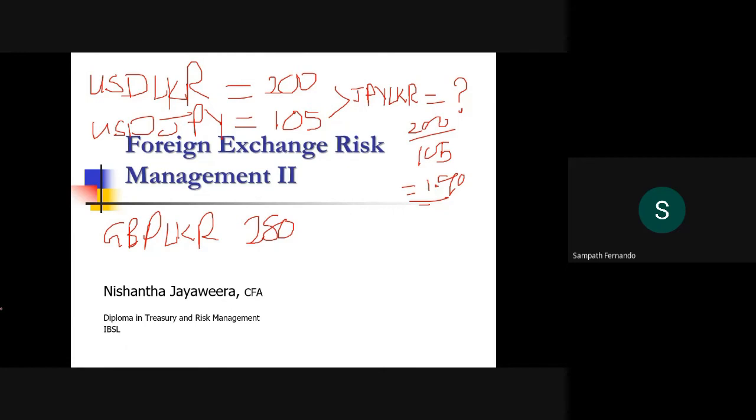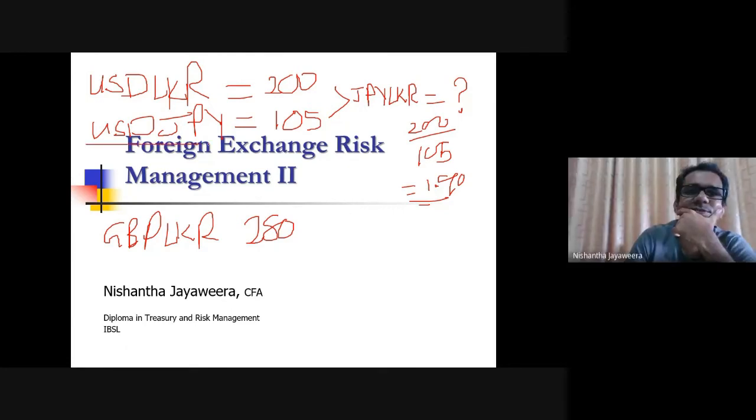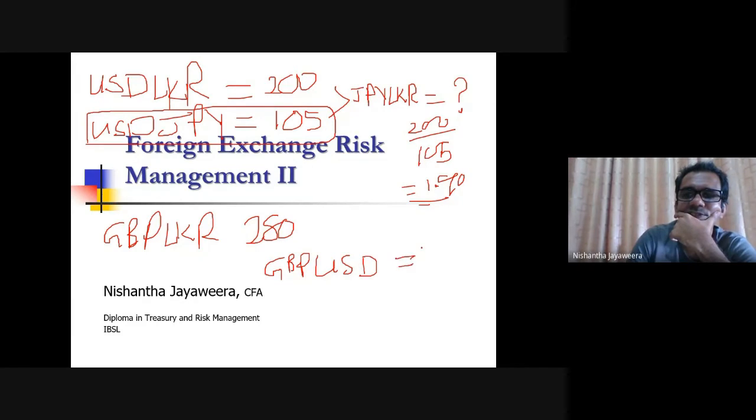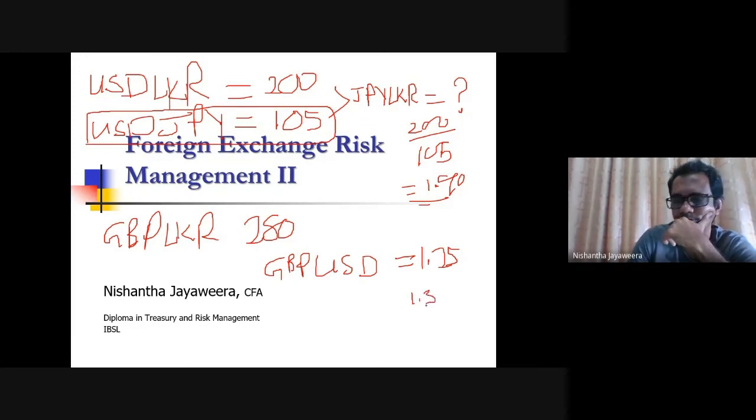If you take GBP USD, it is something like 1.25 or 1.3 nowadays.